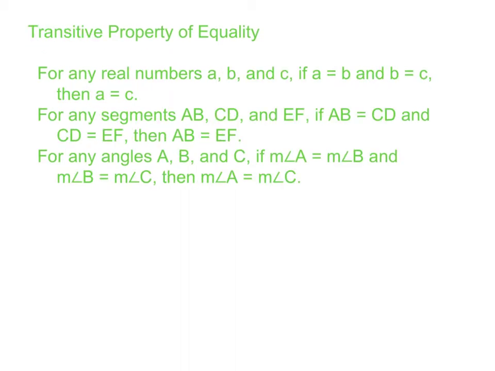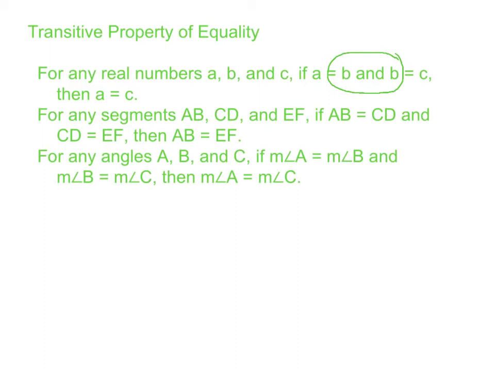And the last one for equalities is the transitive property. Now this one is a little bit trickier because it's a 3-step process. It says if A is equal to B and B equals C, then A equals C. What we can really do is we can delete this middle part right here and take out the B's, leaving us with just A equals C. The same holds true for the segments.